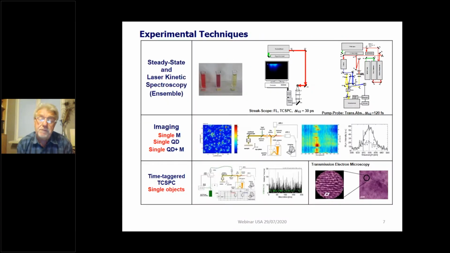From the experimental point of view, it's necessary to use not only steady state spectroscopy, but we used laser kinetic spectroscopy to measure photoluminescence kinetics, and we used pump-probe experiments with picosecond time resolution to test the intermediate short-living excited states. In addition, we used single nano object detection in order to see what happens at the level of one nano object.